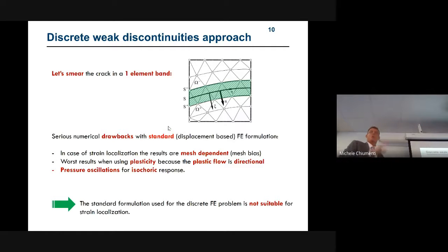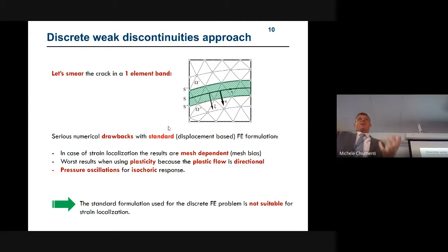Okay? As you will see, the solution is very nice, just using this. It's not necessary to reach the fully strong discontinuity. And I will show you the result. Okay? But the question is, our solution goes through this kind of approach, where we smear the jump into one finite element.